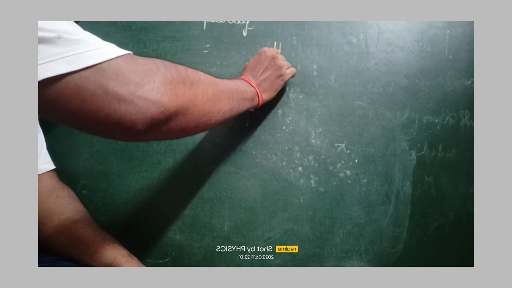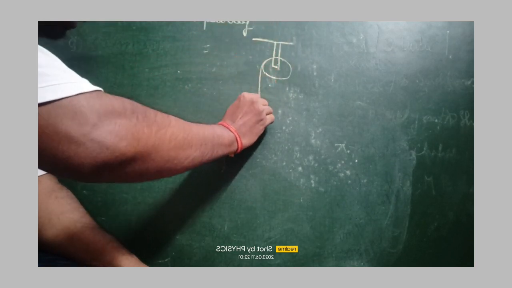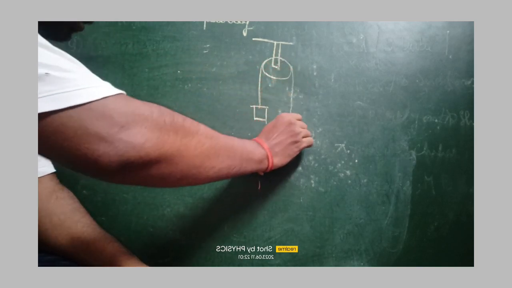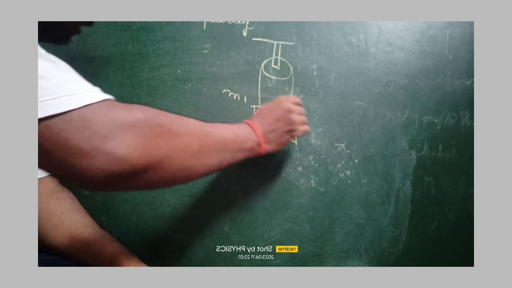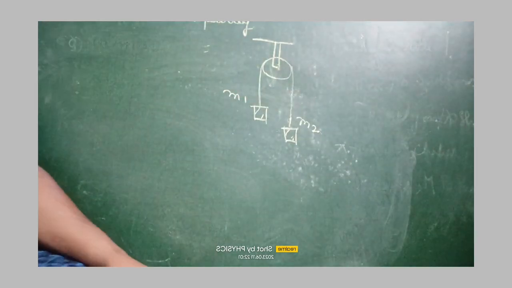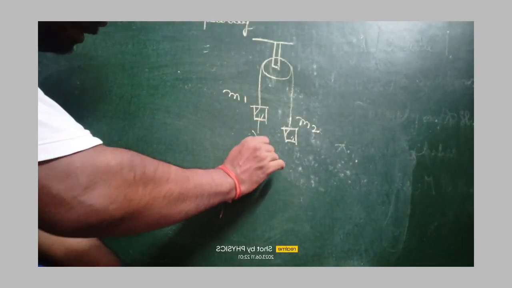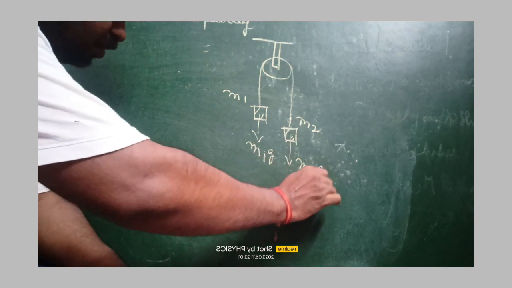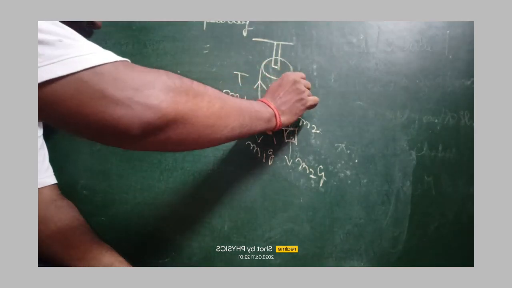This is fixed here, a string is connected to two bodies. This is M1, that is M2. Just recapitulate it. And a force M1G, that is M2G, acting in the downward direction. Tension is T.